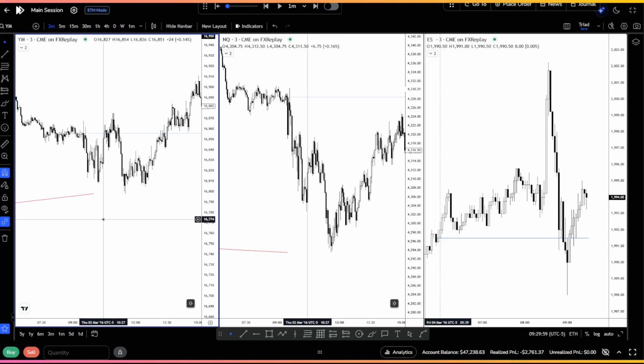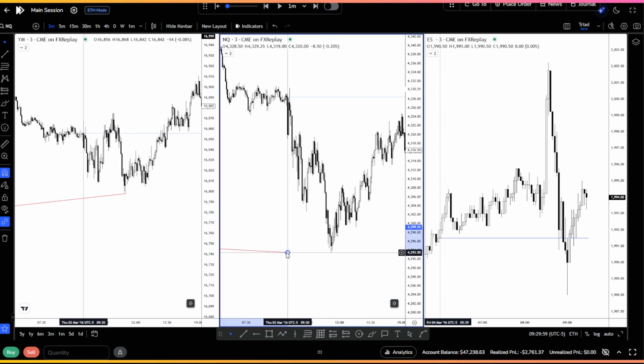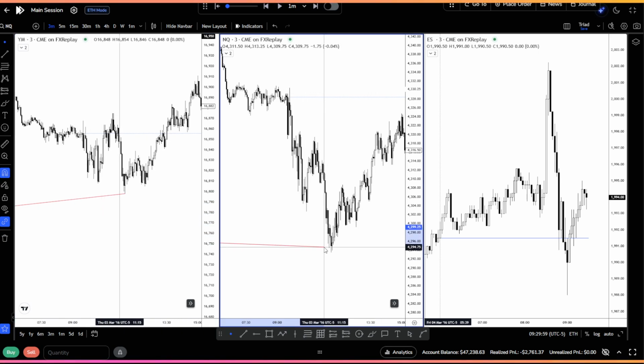Okay. So YM looks bullish at that point of time, but if I take YM here, I still get out. So ideally, I shouldn't have done that as well.